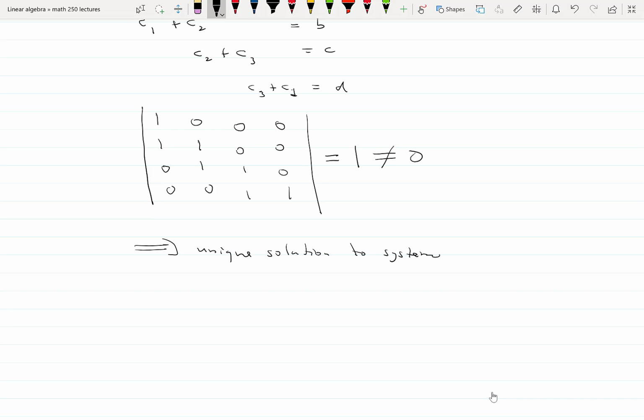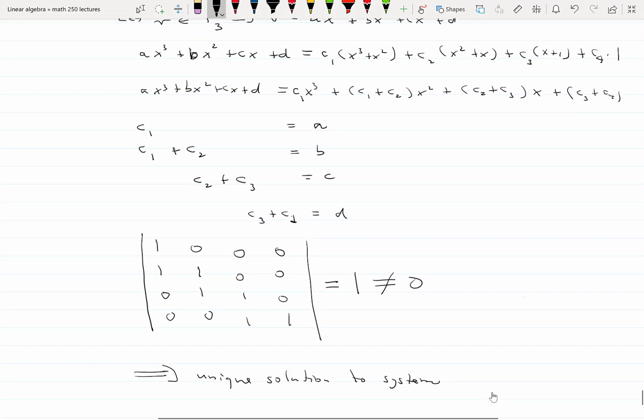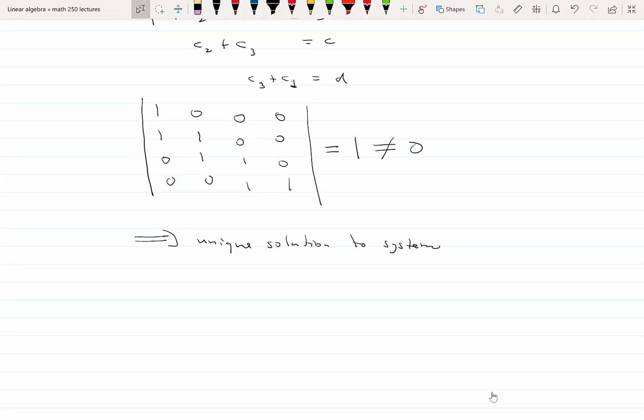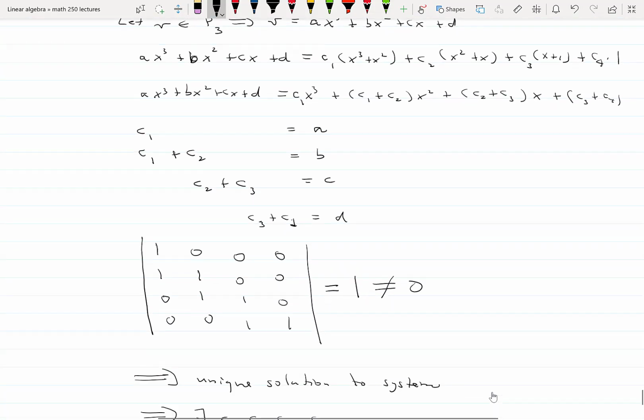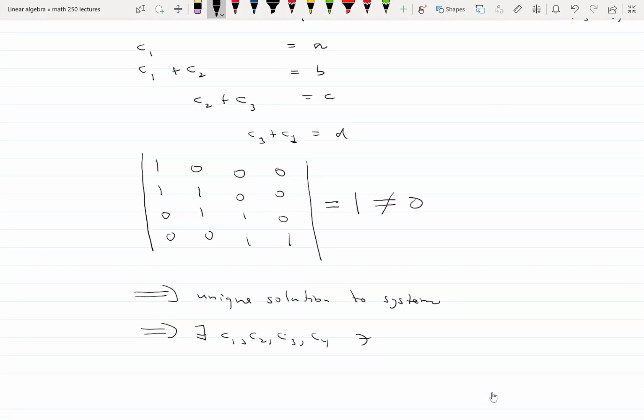But the variables in the system were the constants we were trying to find. That implies that there exist constants C1, C2, C3, and C4 such that the arbitrary vector from P3, V, is equal to C1 times V1 plus C2 times V2 plus C3 times V3 plus C4 times V4.